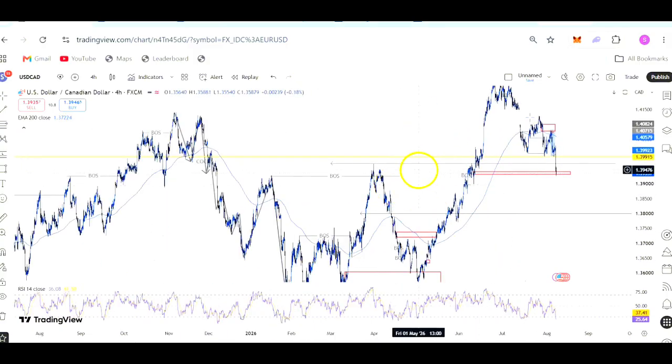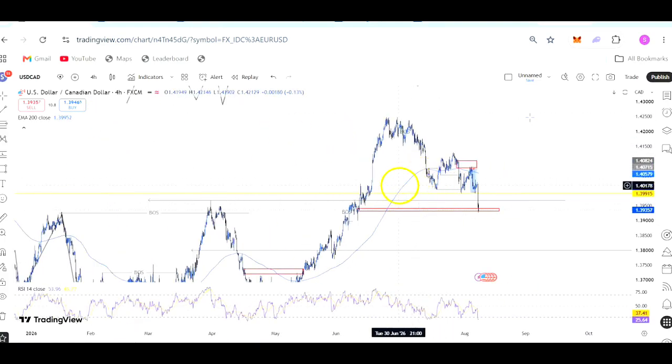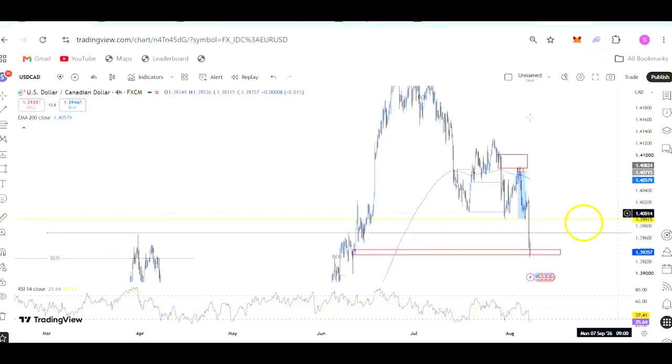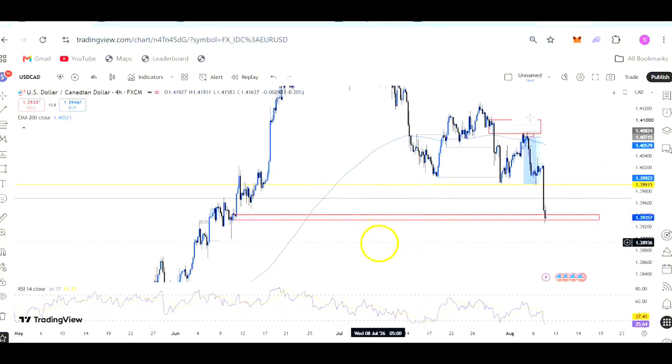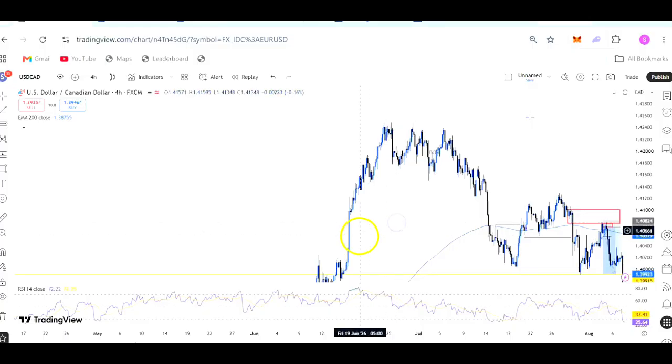After this break of structure, USDCAD has been moving up, forming higher highs and higher lows.